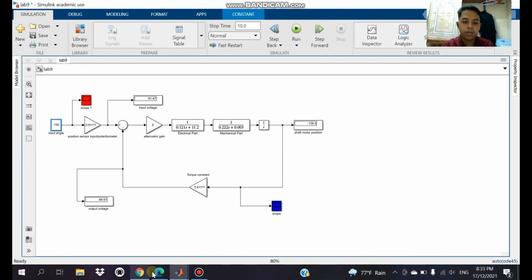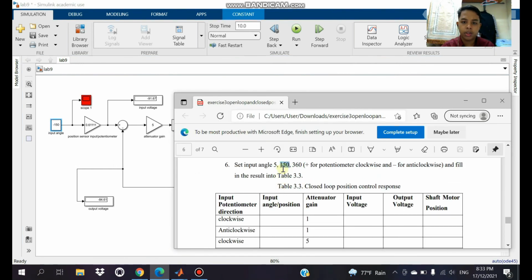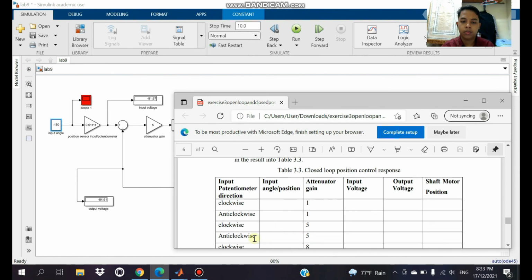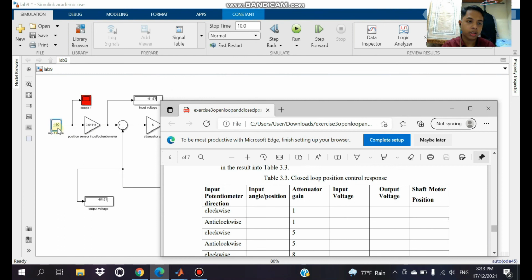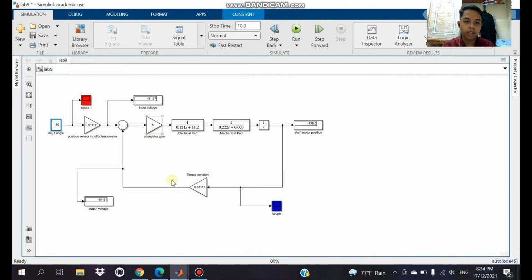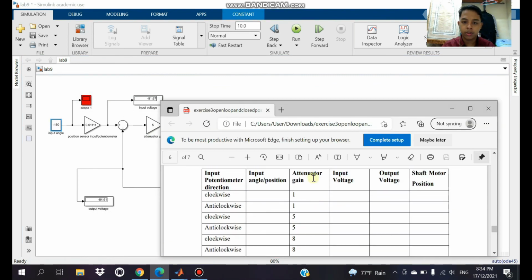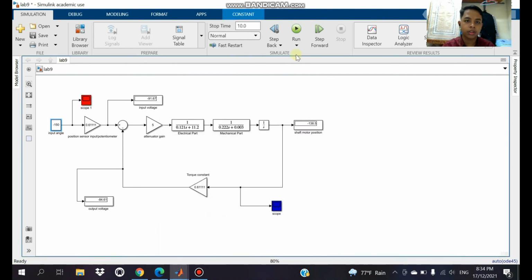And then for 150 anti-clockwise, I take the negative, in this input angle, negative 150, and the attenuator gain is 5, and get the input voltage, output voltage, and shaft motor position.